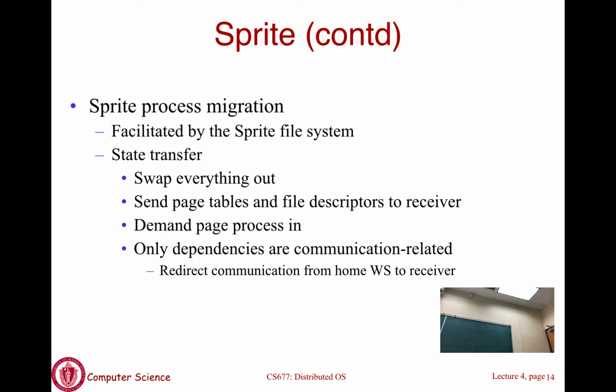The only other way they would have to return the machine is simply kill the job and then restart it somewhere else, which means everything you've done so far is all wasted. Right. So this is a much better approach. It allows you to migrate the process and whatnot. Okay. Any questions on this? We'll come back to other more modern ways of doing migration, but this was the first operating system that allowed you to migrate processes.